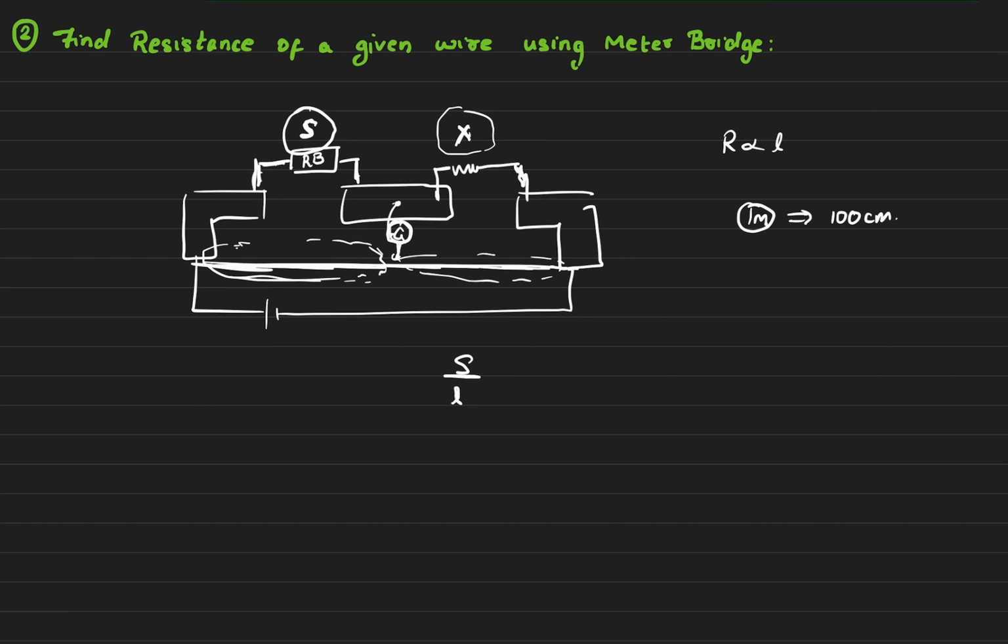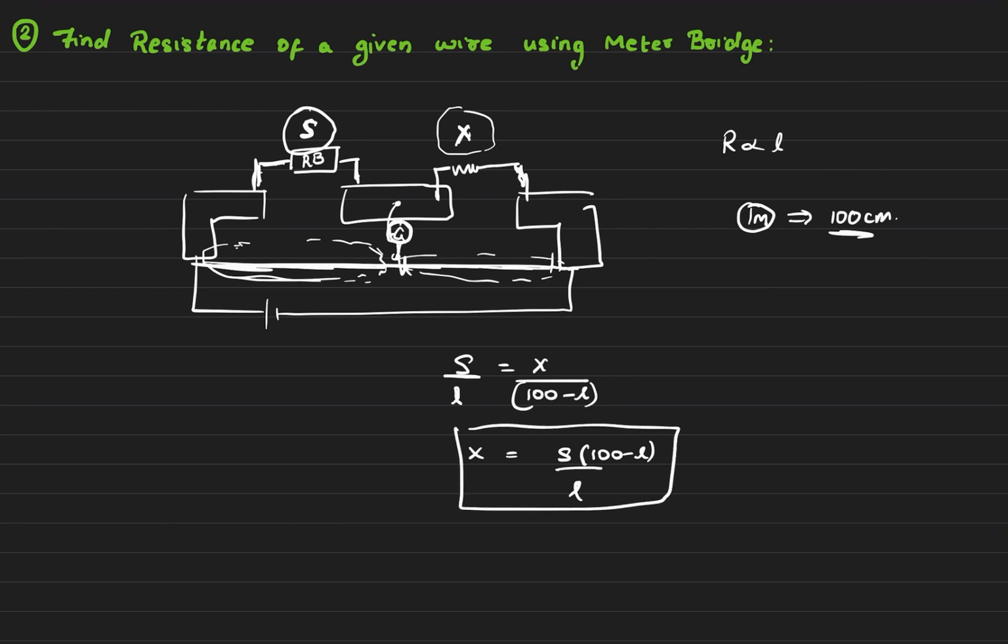In the balanced state, whatever length L you were getting will be equal to X divided by 100 minus L, because the entire length is 100 centimeter. So the remaining length will be 100 minus L centimeter. From here I can get the X value, the unknown resistance, which is equal to S into 100 minus L, whole divided by L. This is the formula for my unknown resistance: S into (100 minus L) by L.